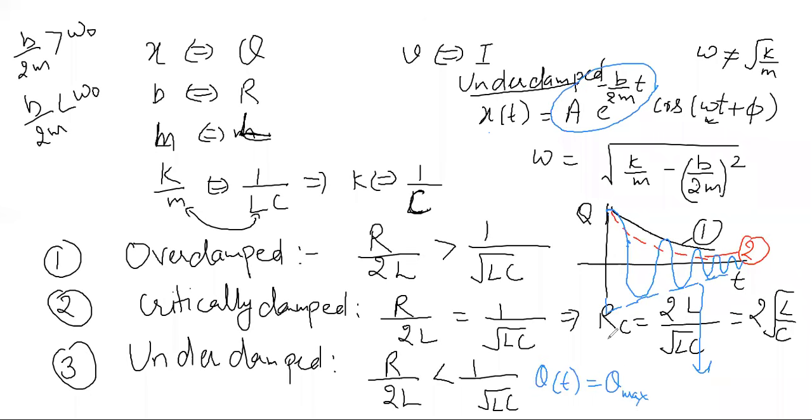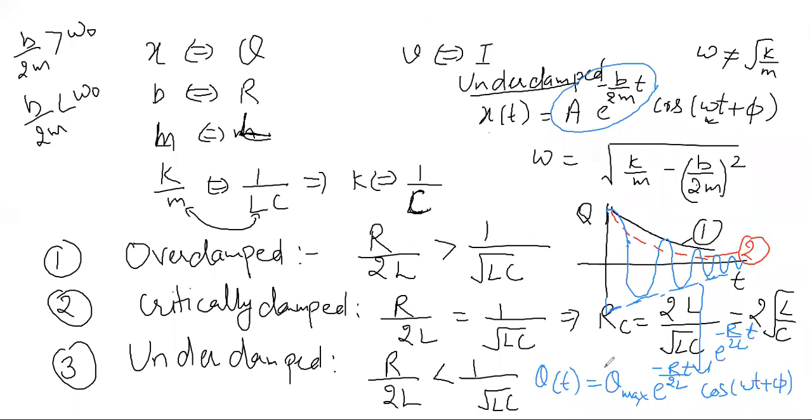Remember A was your amplitude, e raised to power, your b is equivalent to R upon 2L, t, cosine of omega t plus phi. ये जो आपका envelope है, this envelope that we are talking about, कि ये exponentially कितना fastly fall करेगा, that is decided by e raised to power minus R upon 2L into t.